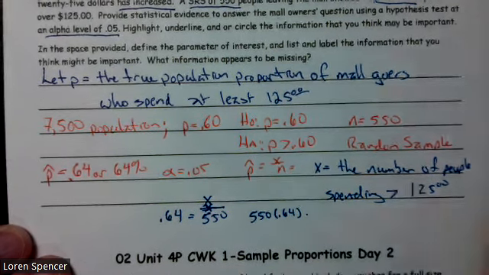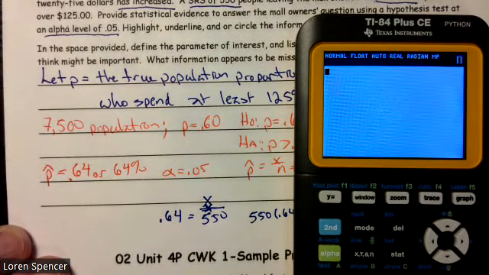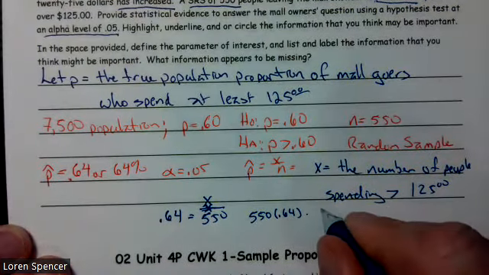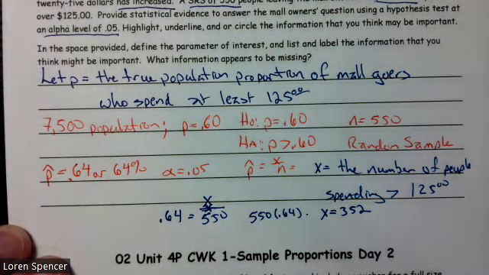Now it's going to be really important that this is a whole number. If it's a decimal, we're going to have to round up or round down. So 550 times 0.64 equals 352. So what we were missing was x, but now we have it.